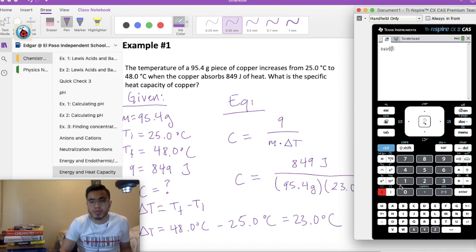You'll see why. 95.4, close the parentheses, times parentheses 23, and then close the double parentheses, so you can indicate you're going to divide by the product of these two numbers. Press enter, and we have 0.369. We have 3 significant digits, so I'm going to round to 0.387, which is this number over here.